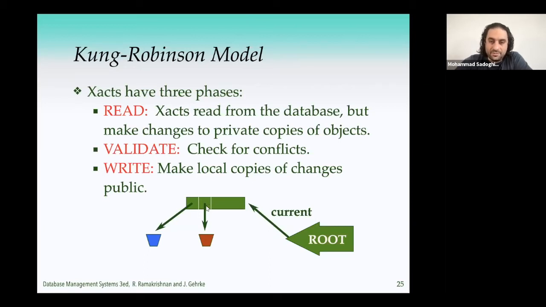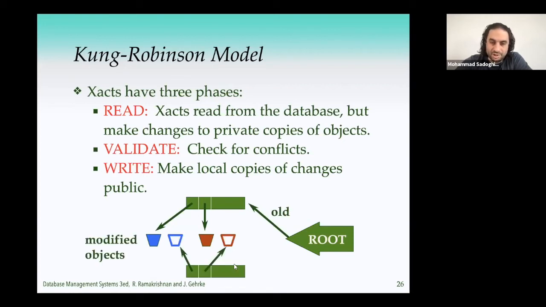For example, say the blue and the red are data objects, and we get access to these blue and red objects. If another transaction is modifying them, we create a local copy, shown as empty space, no longer filled with blue and red.